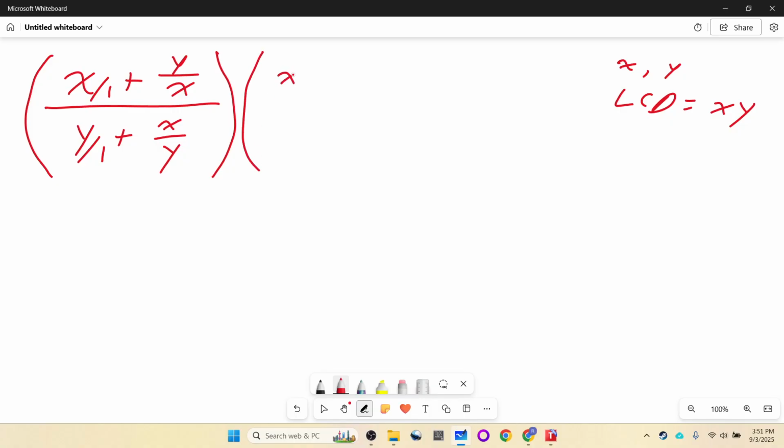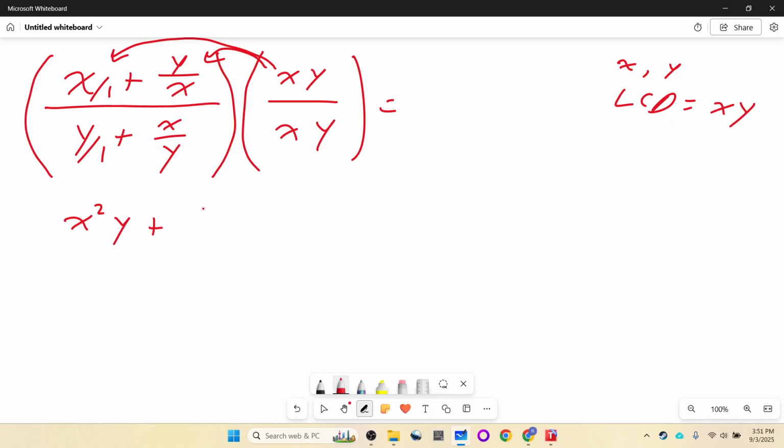So we multiply xy on top and also xy on bottom. And then we distribute. So that would give me (x squared y plus xy squared) over x, divided by (xy squared plus x squared y) over y.